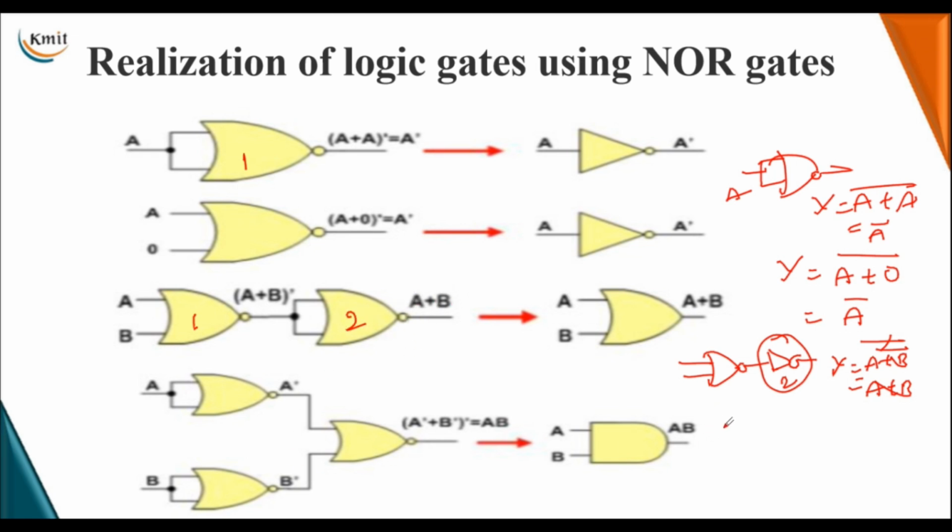Next, how to implement an AND gate using only NOR gates? Let me take the expression of the AND function, which is AB, and now I'll apply double complementation on that, and then use De Morgan's theorem. First I will distribute this, so it becomes (A bar OR B bar) whole bar.